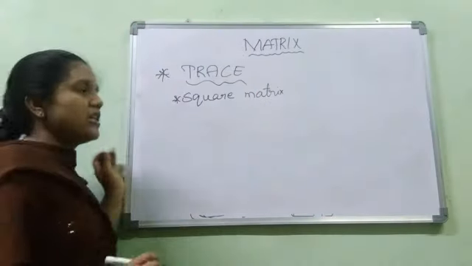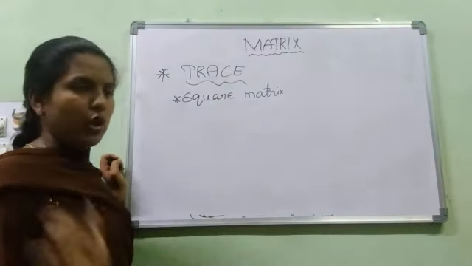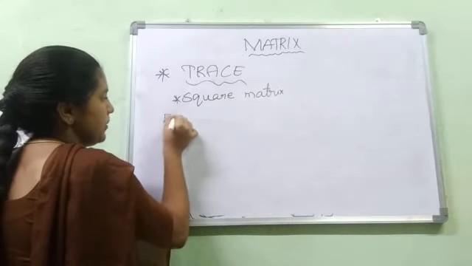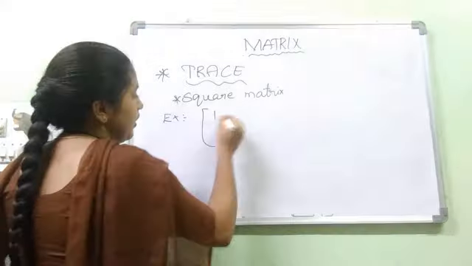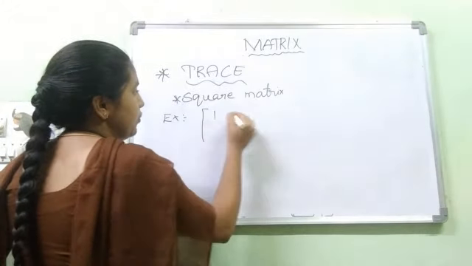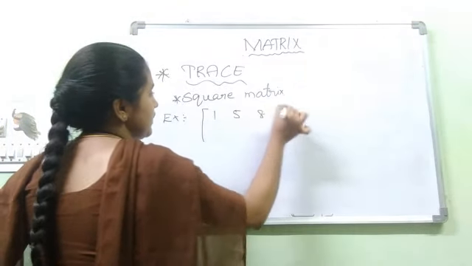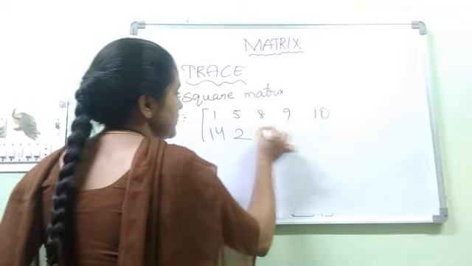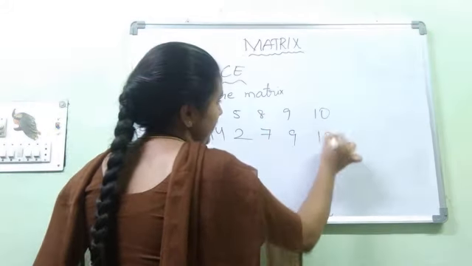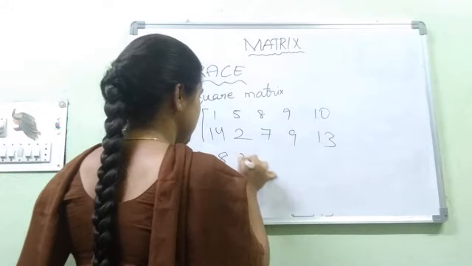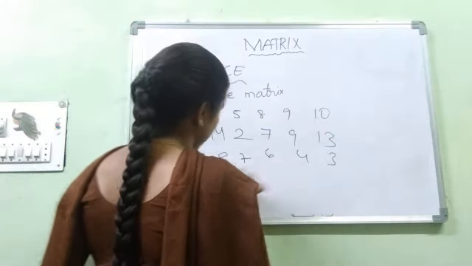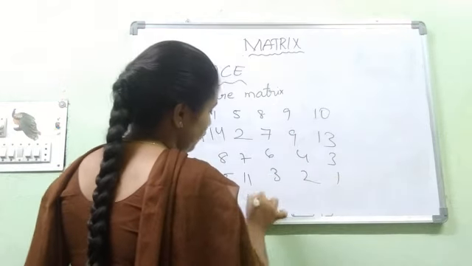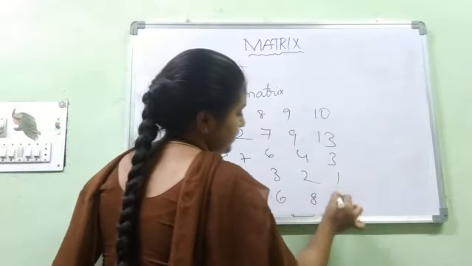To know about trace, I'll tell you one of the best examples. 1, 5, 8, 9, 10, 14, 2, 7, 9, 13, 8, 7, 6, 4, 3, 5, 11, 3, 2, 1, 1, 4, 6, 8, 2.